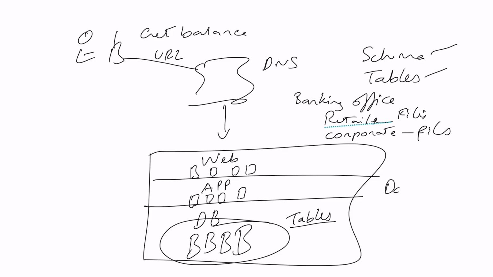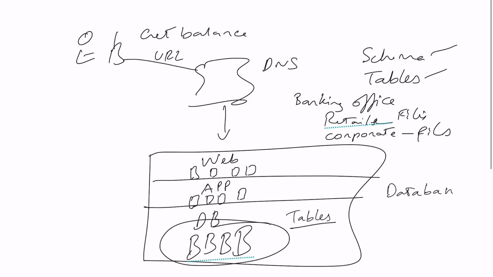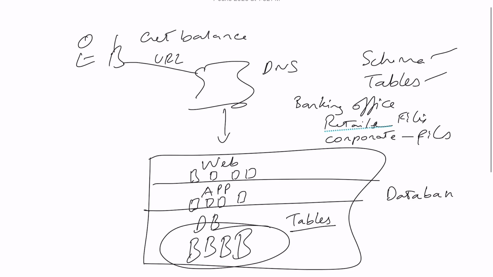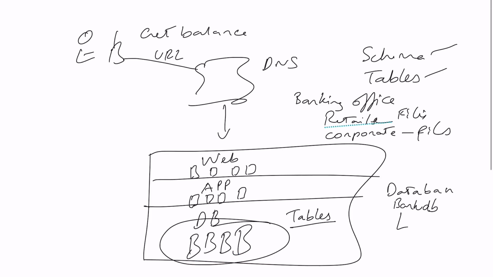So how you can imagine both schema and tables is that at the top layer it always starts with a database. That means you will have a database by the name, let's say, bank DB. Within this database you will have schemas, right?